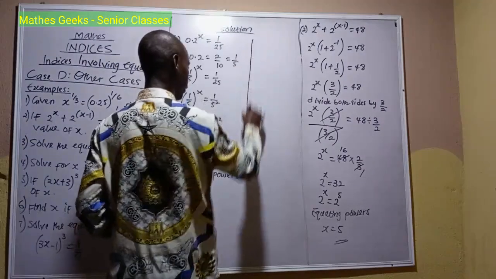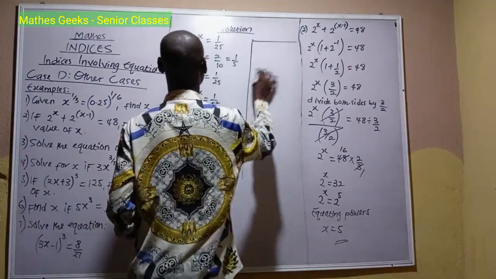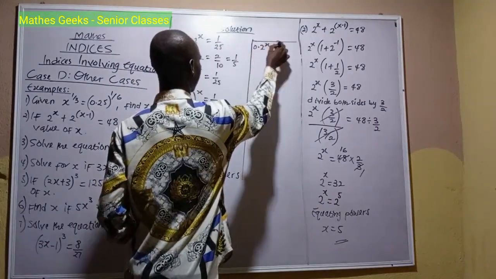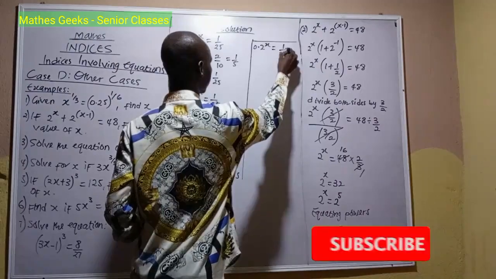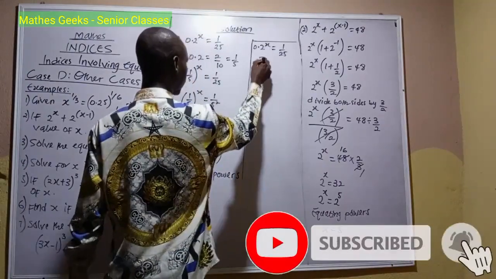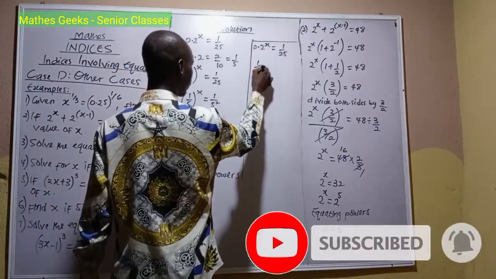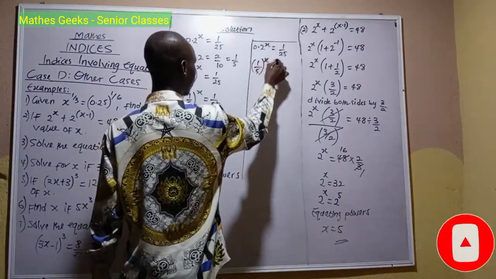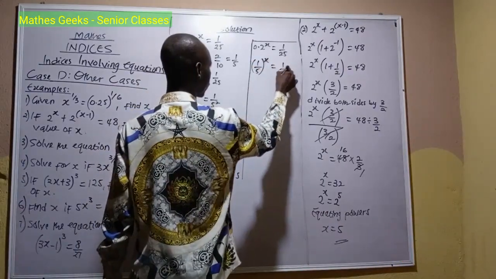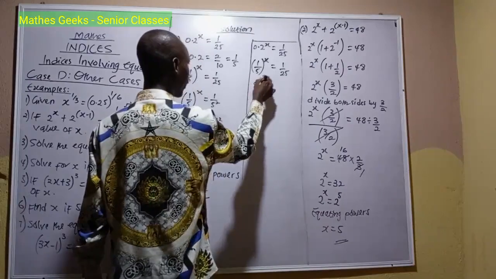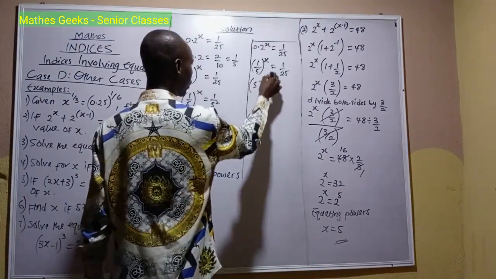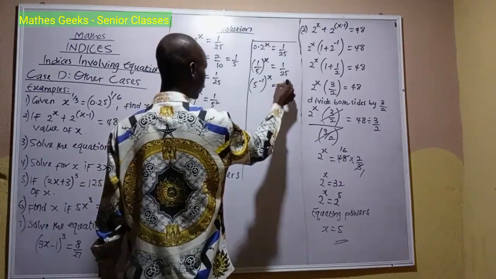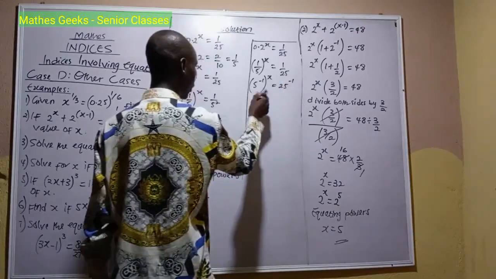Or we can solve it this way. 0.2 raised to the power x plus 1 over 25, where 0.2 is equal to 1 over 5 raised to the power x equal to 1 over 25. So 5 raised to minus 1 x is equal to 25 raised to minus 1.